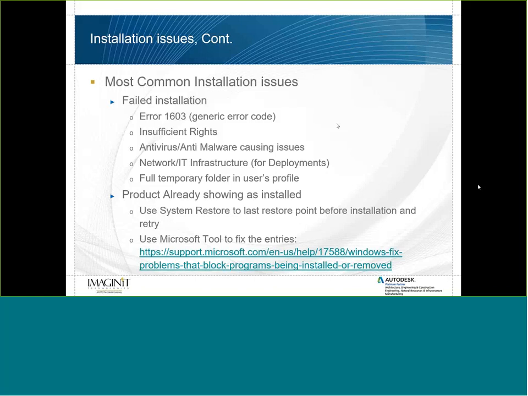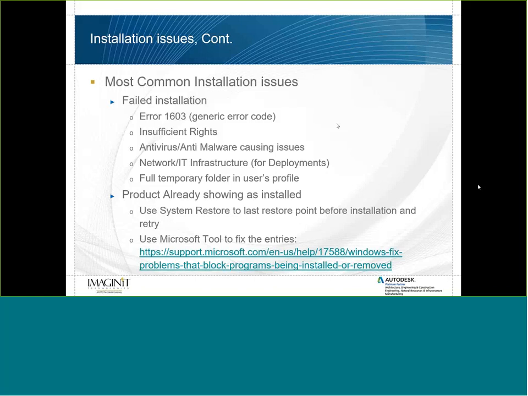What we generally recommend at that point is use System Restore if you have a restore point and it's enabled. Definitely do a system restore back before you try to reinstall again. Once you've restored back to the point before you tried the install, we recommend the download now process or the browser download, make sure we get all the files, and then try the installer again.